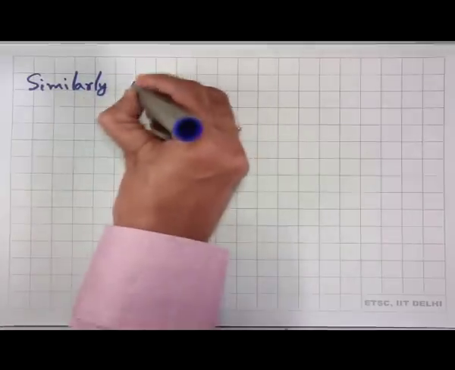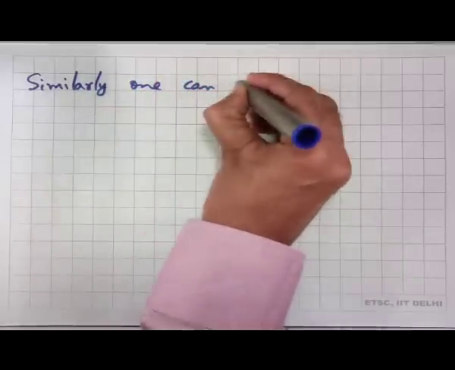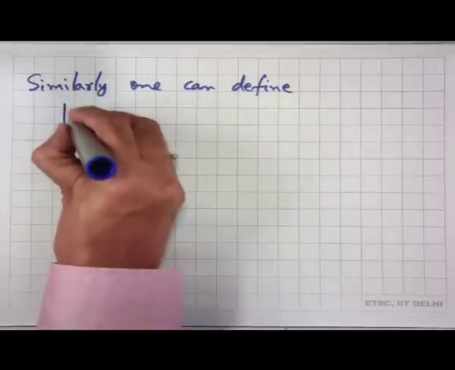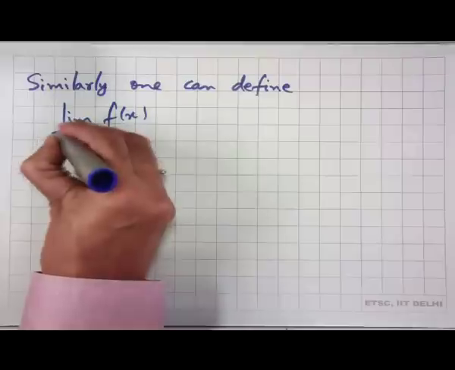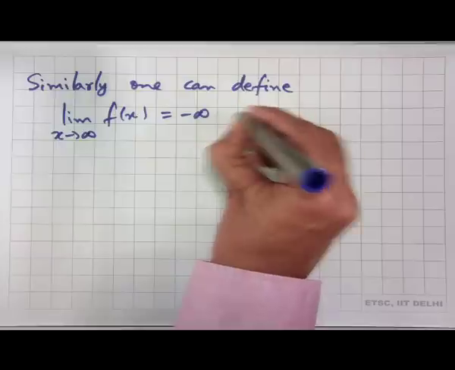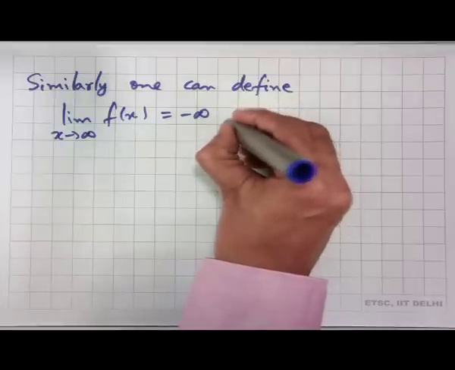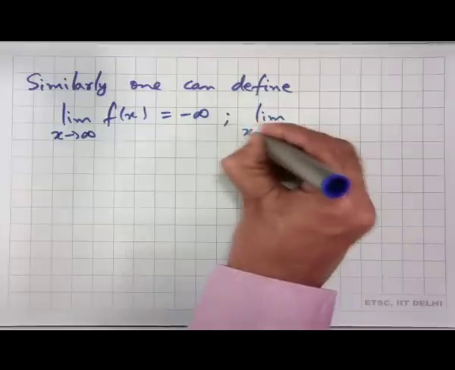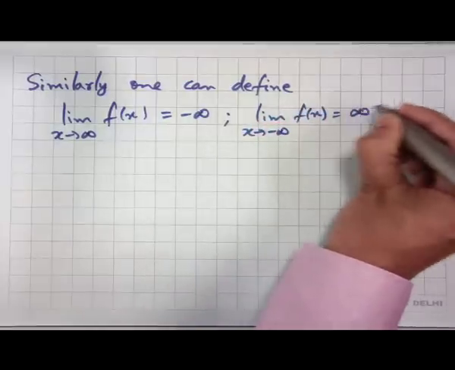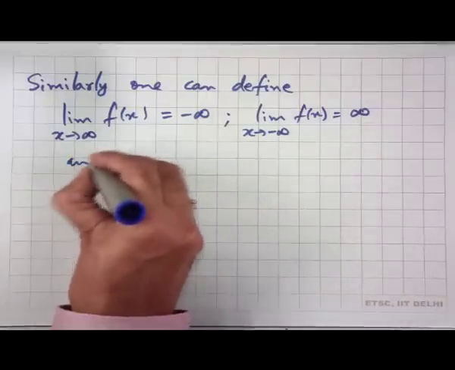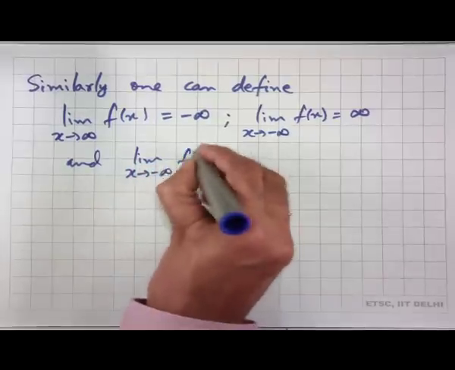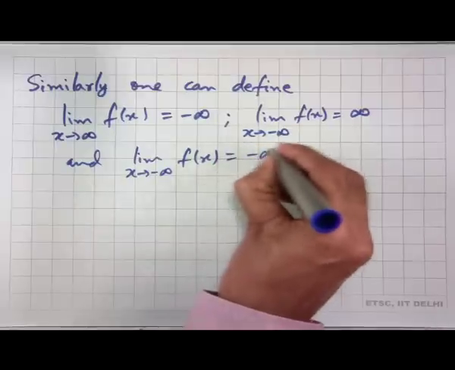Similarly, one can define limit of f(x), x going to infinity equal to minus infinity, and limit x going to negative infinity of f(x) equal to infinity, and limit x going to negative infinity of f(x) equal to negative infinity.